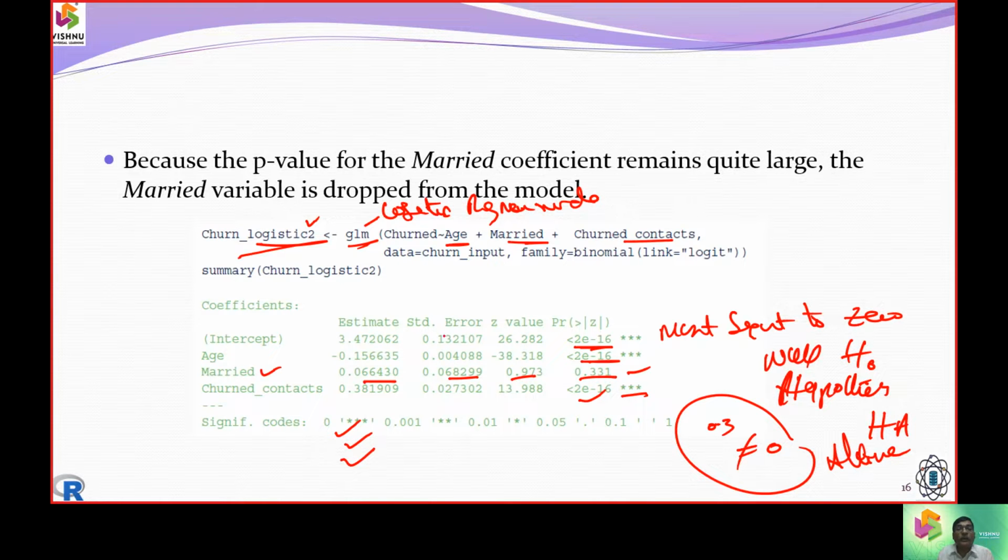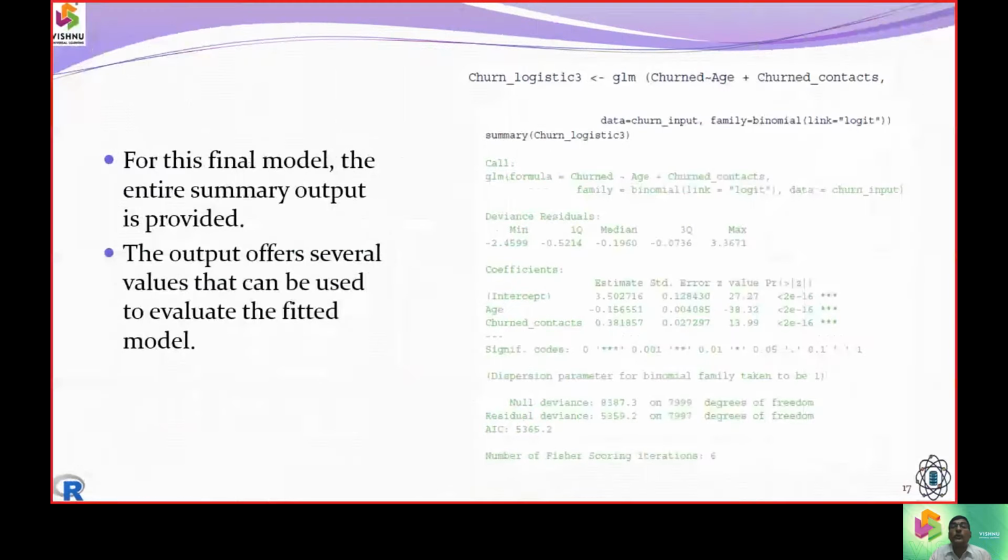If you check at this point, it is 0.004, but it is 0.2, but this is 0.6. It is going to be very, very high. So we have the standard error, which is going to be very high at this point of time. So whether we can remove married from the relation or not, so that it is derived. So now we are going to work on logistic regression 3.